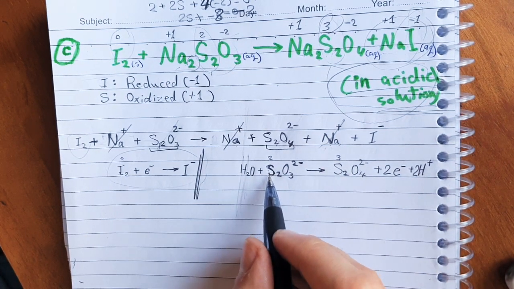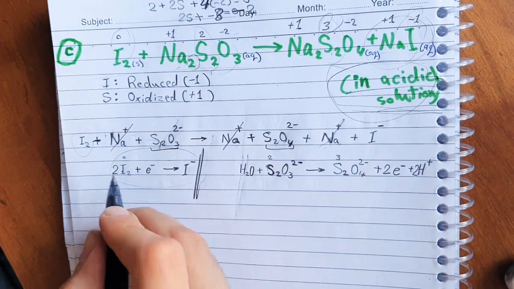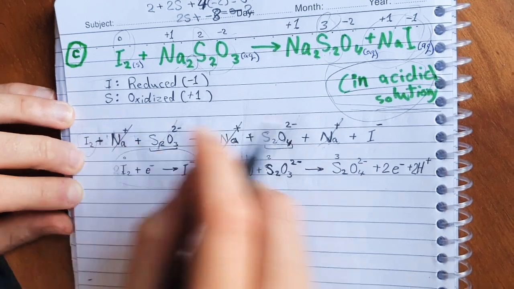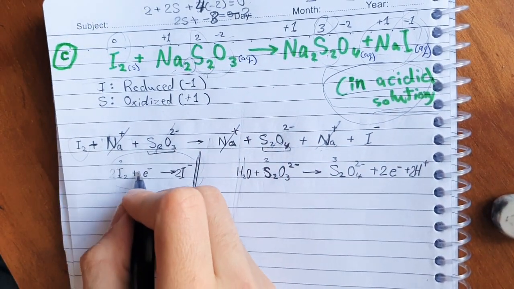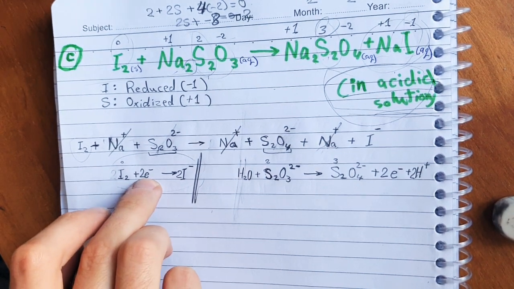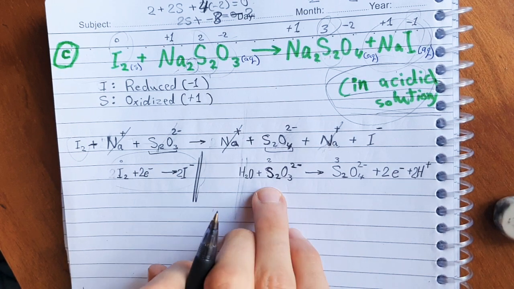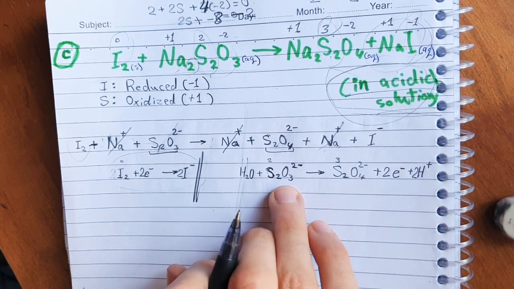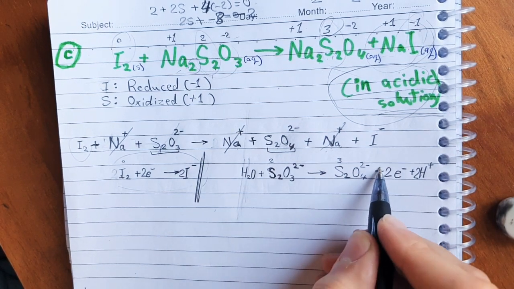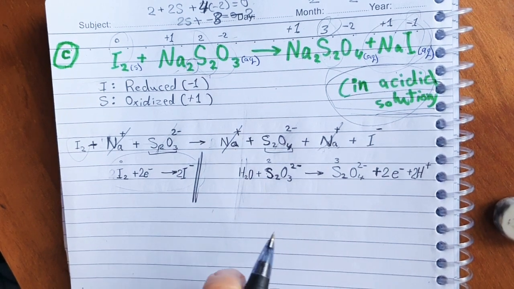Let's make sure everything balances. So I've made a mistake here. I should have written 2 and 2, because those are 2 species that needed 2 electrons for each one of them. In this case, S2O3 and S2O4, balance the oxygens. Each one of them releases 2 electrons, but the charges between this and this are not balanced, okay?